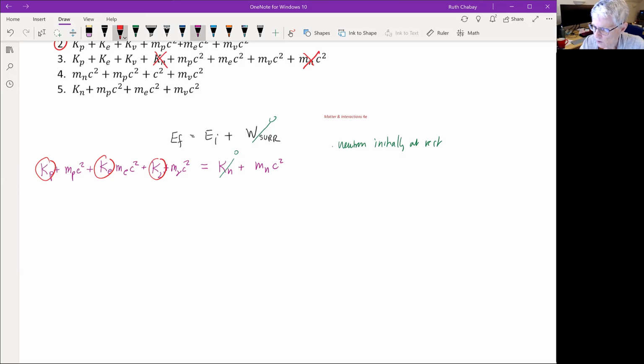If we rewrite this equation, we find the kinetic energy of the proton plus the kinetic energy of the electron plus the kinetic energy of the neutrino, plus the rest energies, is equal to the original rest energy of the neutron. If we knew the rest energies of all these things, we could figure out our unknown.